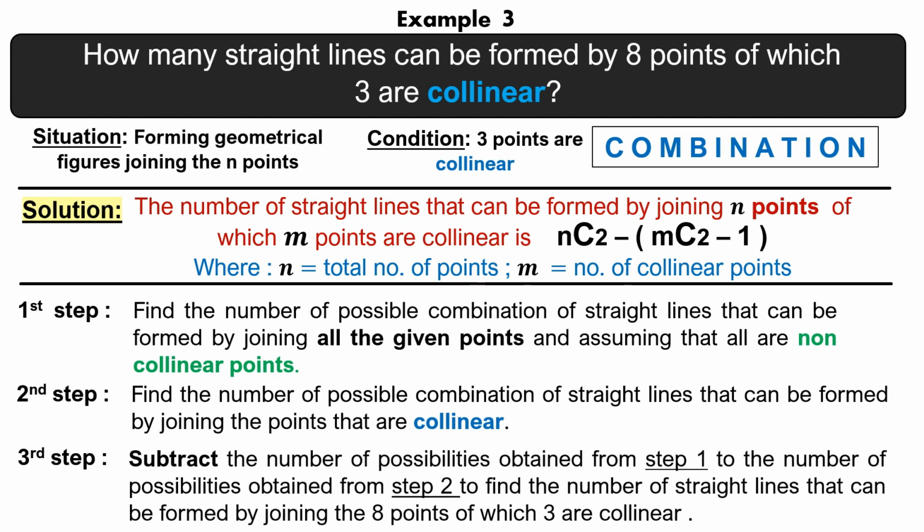Third step, subtract the number of possibilities obtained from step 2 from the number of possibilities obtained from step 1 to find the number of straight lines that can be formed by joining the 8 points of which 3 are collinear. Okay, so let us begin solving for step 1.